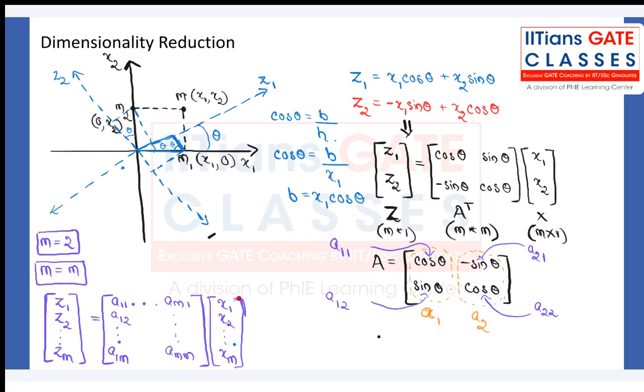So this here becomes very important. Vector z is equal to A transpose x. This is the most important equation for PCA.